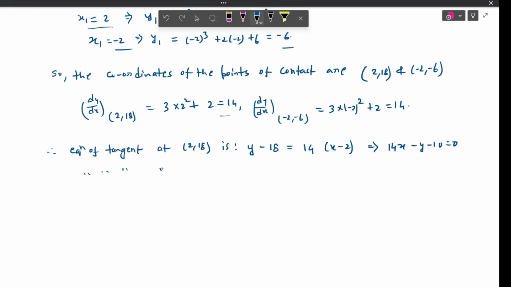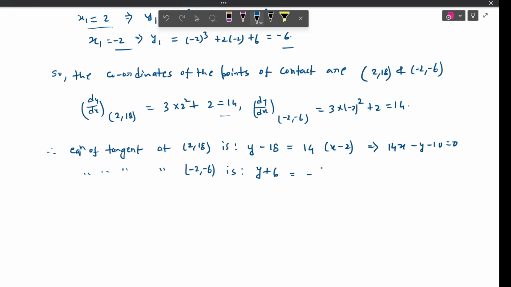And the equation of tangent at minus 2 comma minus 6 is y minus y1, y minus of minus 6, that is y plus 6, that should be minus 1 by m.